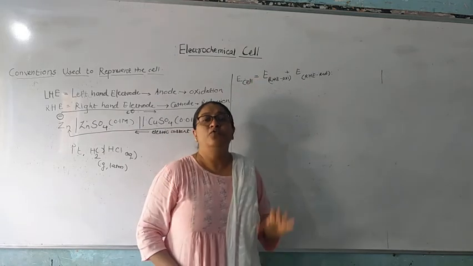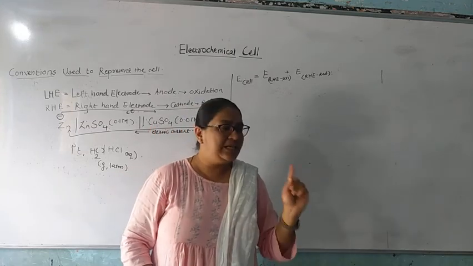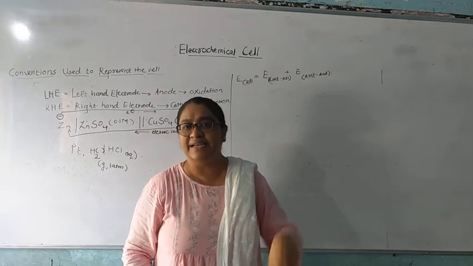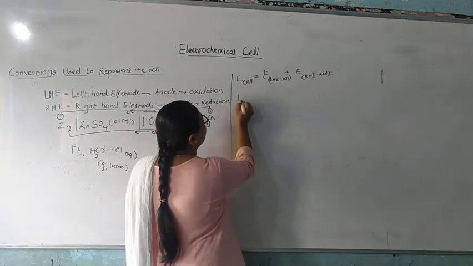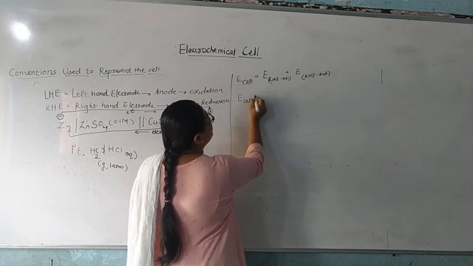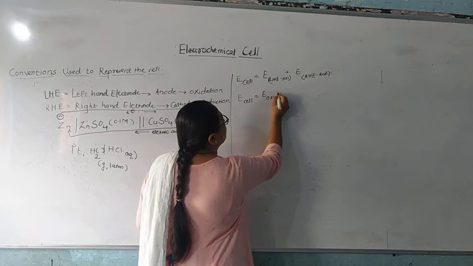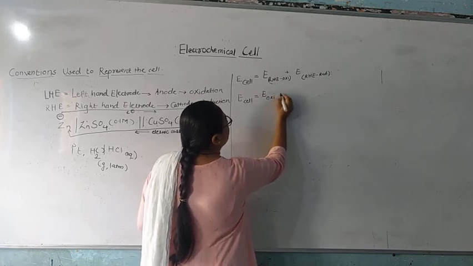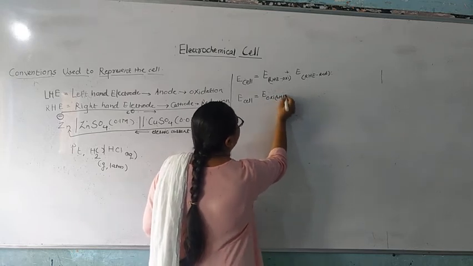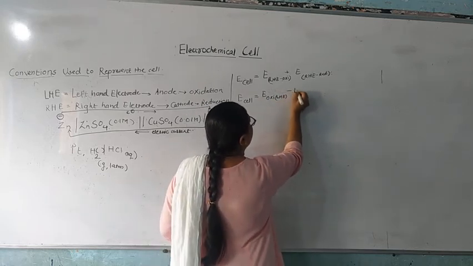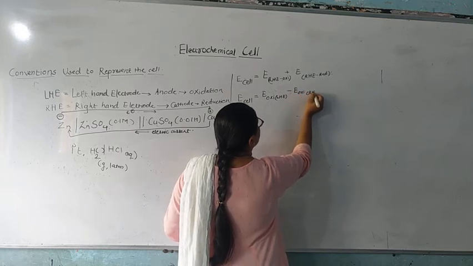But if we know the oxidation potential of both the left hand electrode as well as the right hand electrode, in this case how is the cell EMF calculated? Both are oxidation potentials, therefore EMF equals the oxidation potential of LHE minus the oxidation potential of RHE.